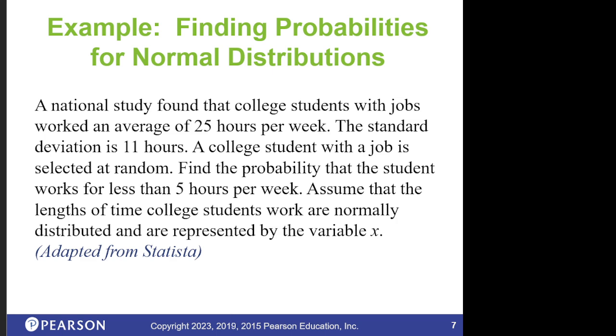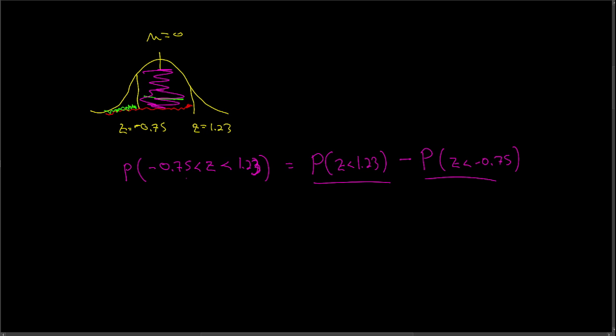So let's come over here and draw out what we have. Let me erase my board here. And we'll write down our relevant information. So our mean is 25 hours.